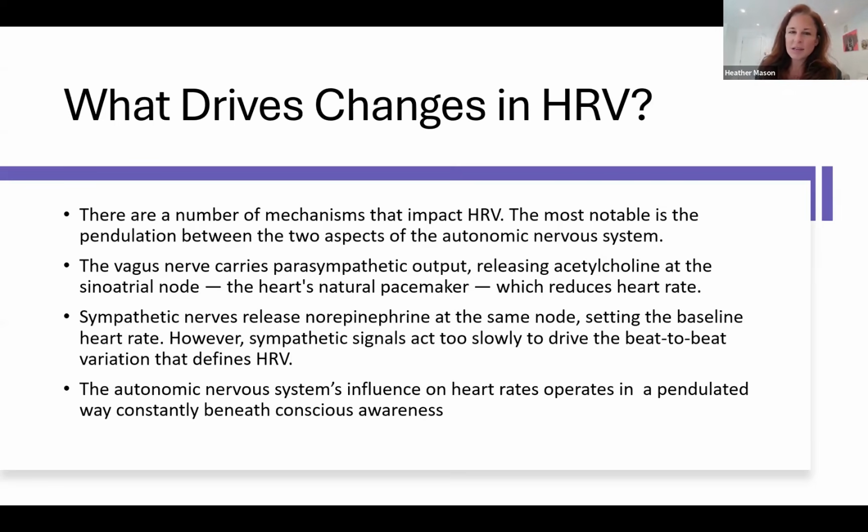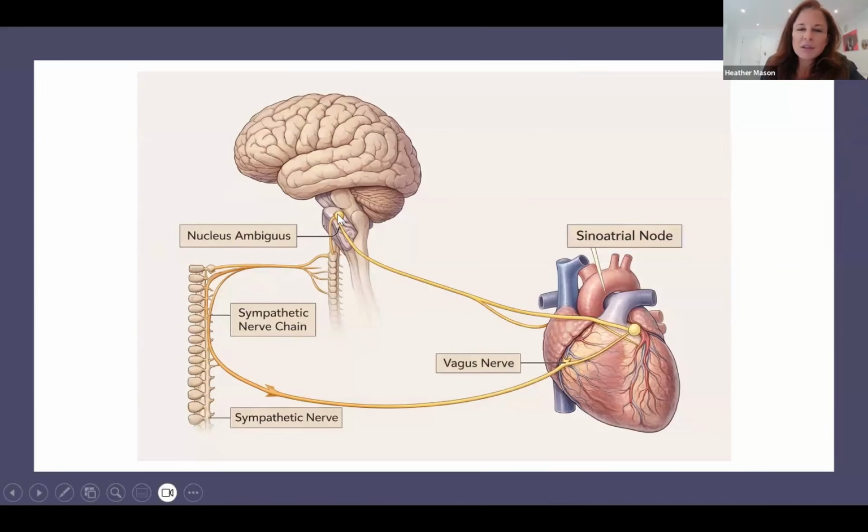So let's just look at that in this diagram. So here's the nucleus ambiguus. By the way, it got that name because originally they did not know what it did, and they haven't renamed it. Here we have the vagus, and the vagus is traveling all the way down to the sinoatrial node of the heart and releasing acetylcholine continuously.